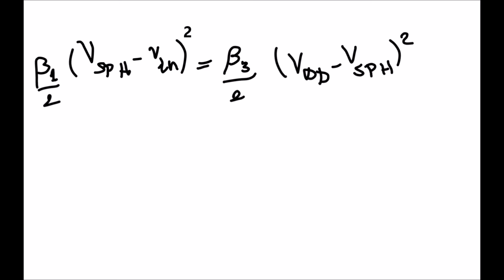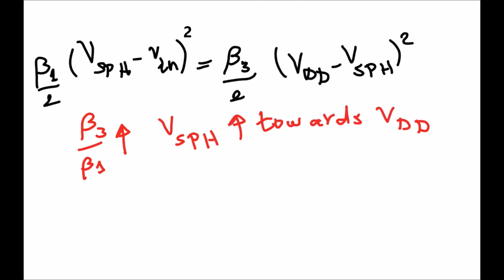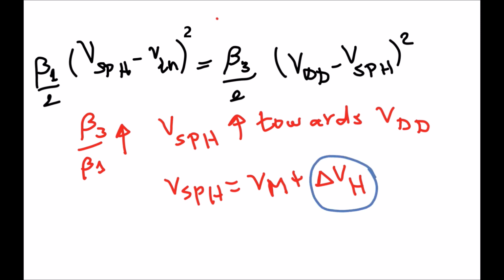What happens if beta 3 over beta 1 increases? This means that V switching point high increases towards VDD. In other words, SPH, which is equal to VM plus delta VH, means delta VH is increased.